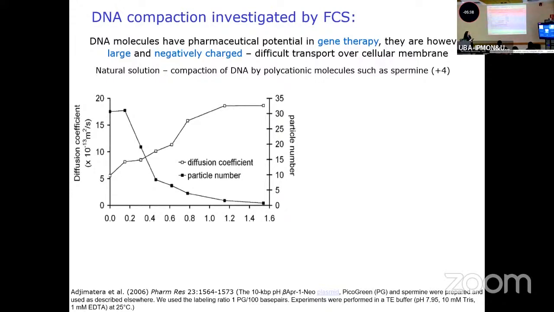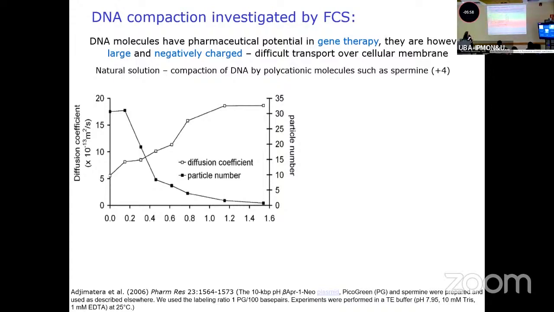So what happened is a function of time, and you have here the diffusion as they increase spermine, and on this side we have particle number. And notice here the diffusion coefficients are those boxes, which relate to this side of the axis.